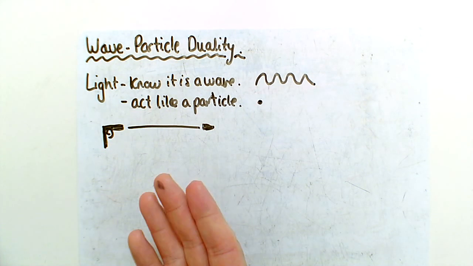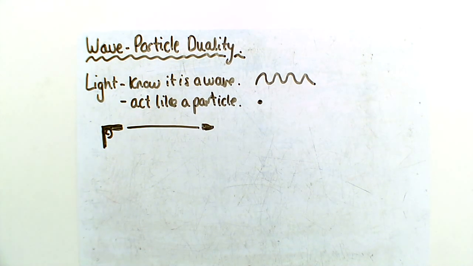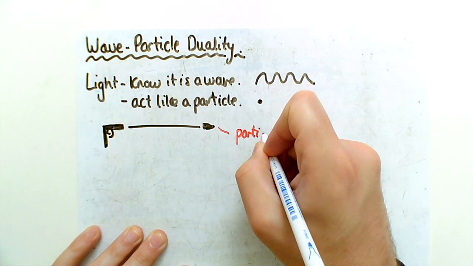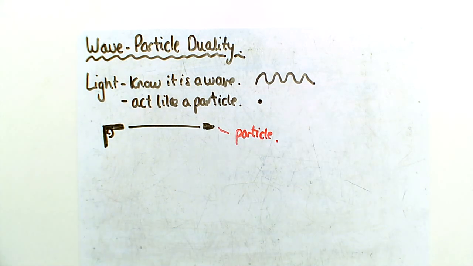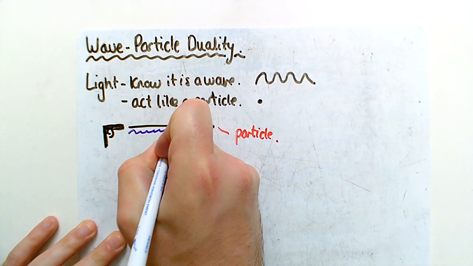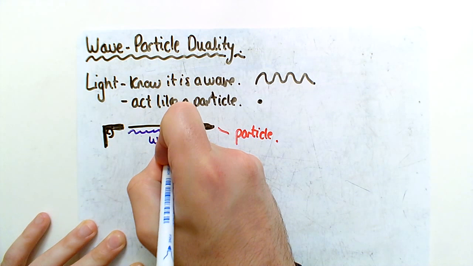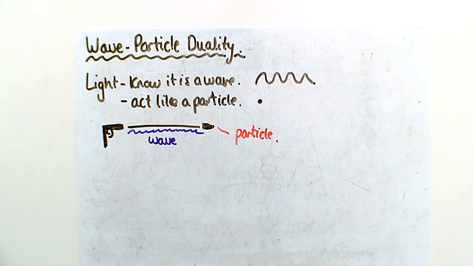Now, the bullet is able to collide with things and will have an impact. Now the bullet, that's the particle aspect of it, but the path and the energy that were used for it to travel, that's the wave.